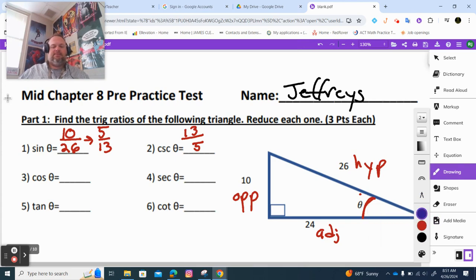Our cosine is our adjacent over our hypotenuse. So 24 over 26, again with the N over D button. This is 12 over 13, and secant would be 13 over 12.